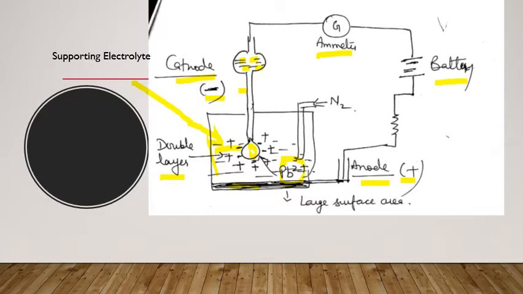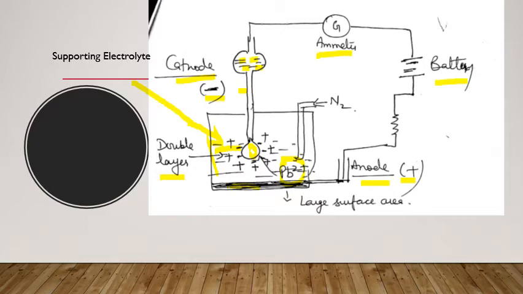We are able to see here the positively charged cation of the electrolyte migrates towards the negatively charged mercury drop and forms the double layer. And this double layer is also called the Helmholtz layer. Understood? So a very important role of the supporting electrolyte is that it forms the double layer.